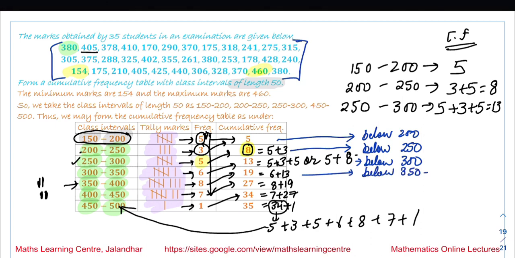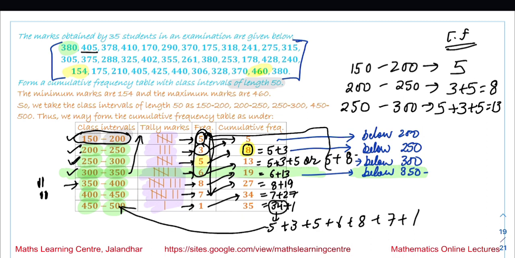Suppose I ask how many students have marks below 350. Below 350 means all the students having marks below 350 lie in the intervals 150 to 200, 200 to 250, 250 to 300, and 300 to 350. So I have to add all these values.